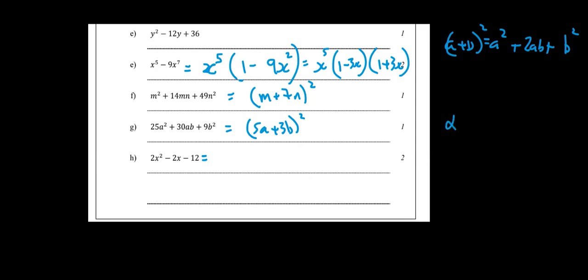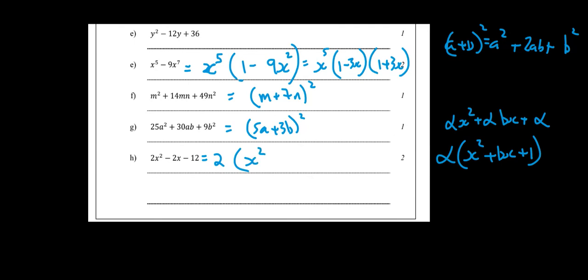So we have a common factor of 2 throughout. If we have a quadratic, we can factorize alpha out, and we can do the same here. Factors of 12, well, it's obviously going to be 3 and 4.